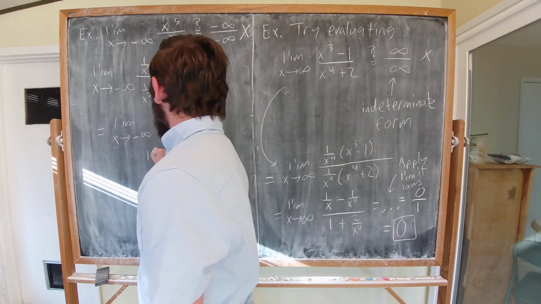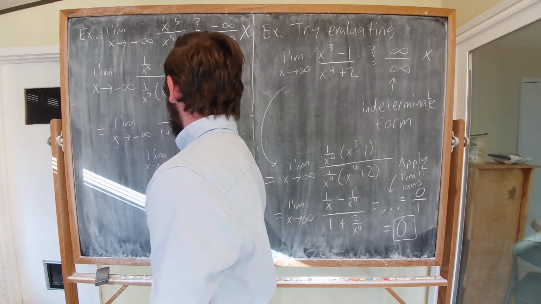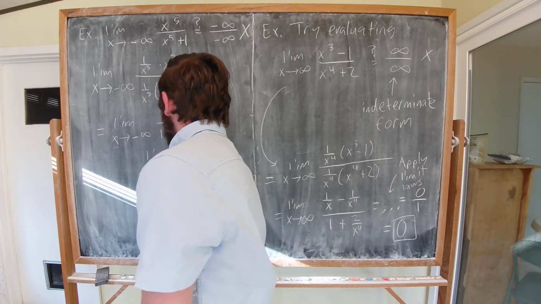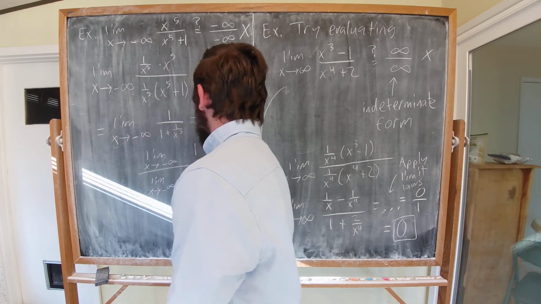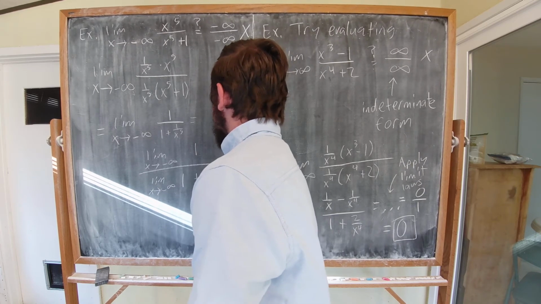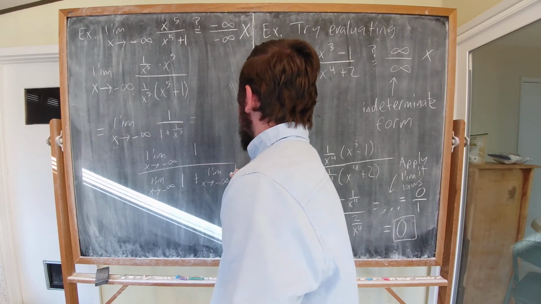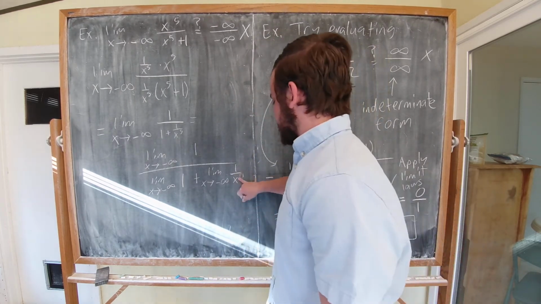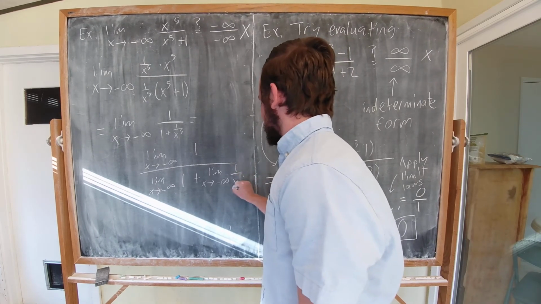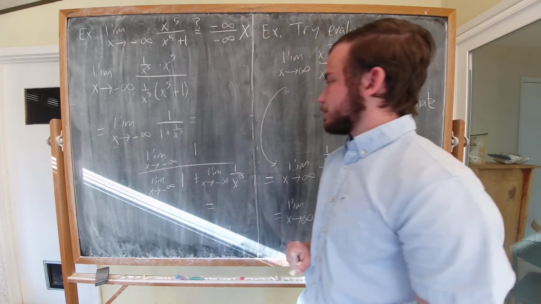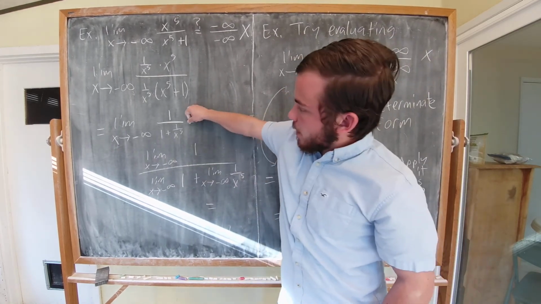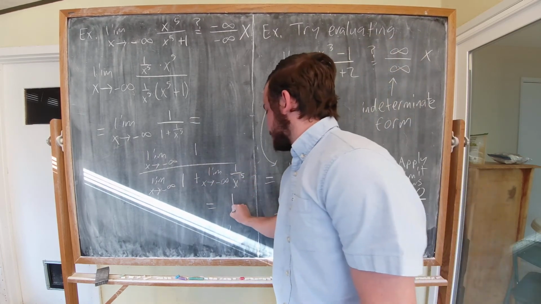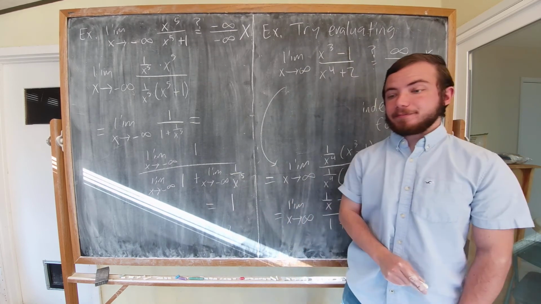Applying the limit laws multiple times, we get the limit as x goes to negative infinity of 1 over the limit as x goes to negative infinity of 1 plus the limit as x goes to negative infinity of 1 over x to the 5th power. Make that a little bigger. Alright, computing all those limits, 1, 1, 0. And we're left with just 1.